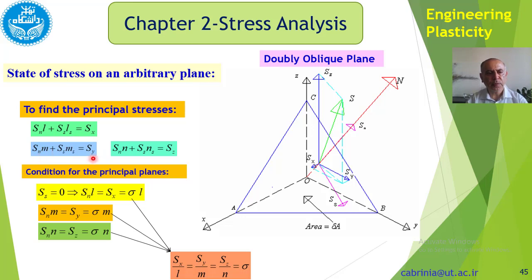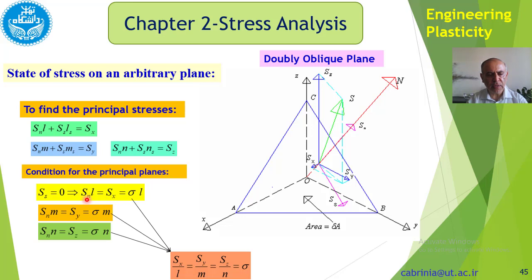Similarly for Sy and Sz, we get a normal component and a shear component in the y direction, and a normal component and a shear component in the z direction. And then because the shear stresses are 0, we put Ss equal to 0. So we get Sn L is equal to Sx.